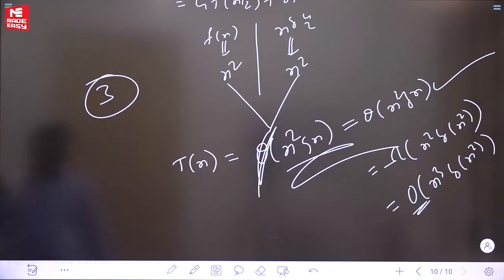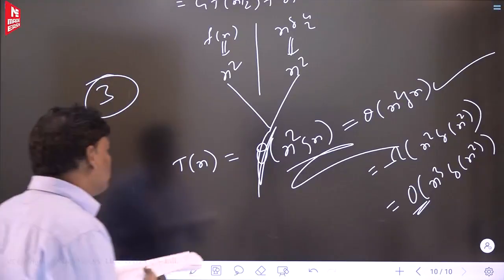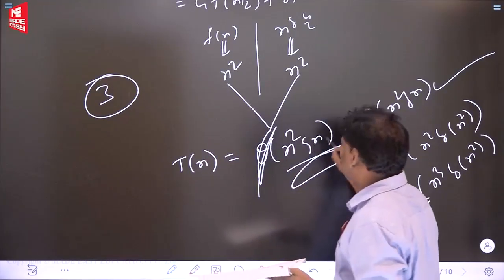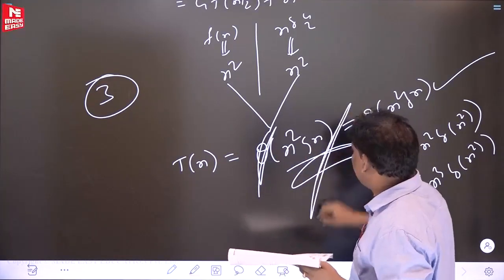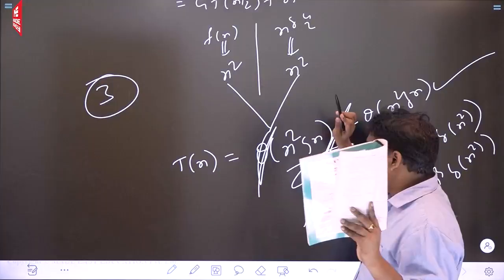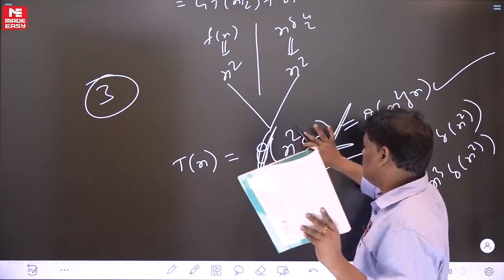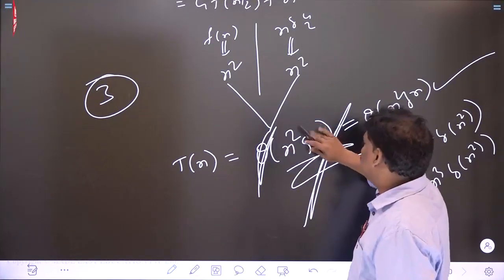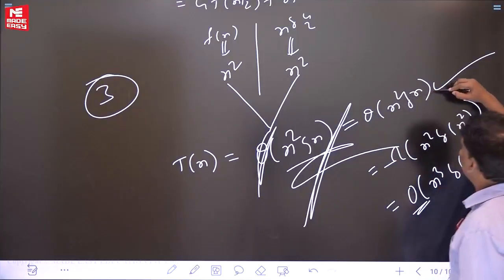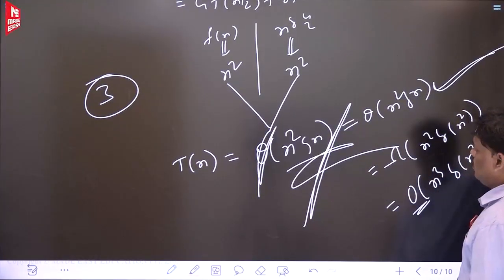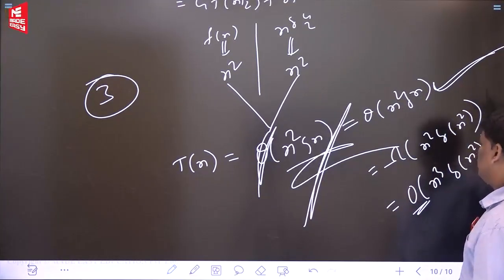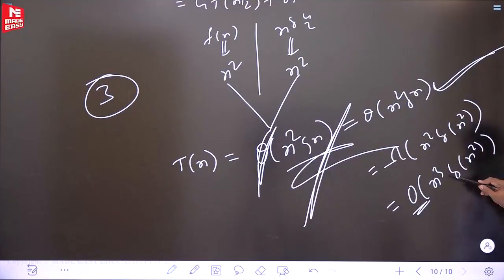For question number 26, the actual answer is this. T(n) is this. Now they are comparing. T(n) is theta of n square log n, true. Omega of n square log n square, that is also true. Big O of n cube log n square, that is also true.